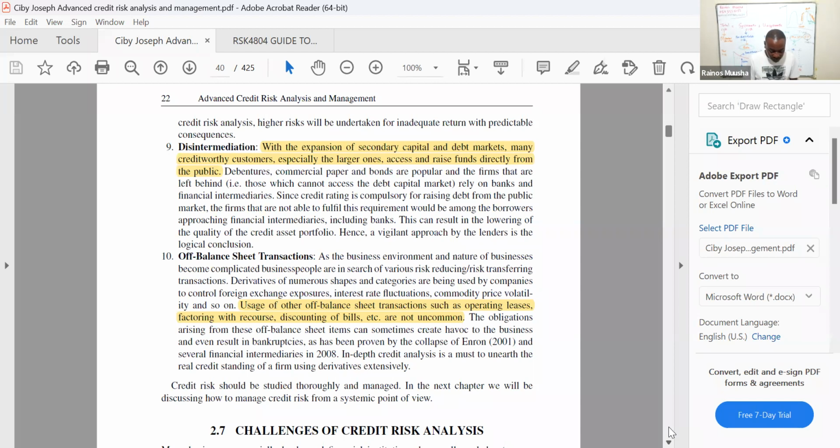Derivatives of numerous shapes and categories are being used by companies to control foreign exchange exposure, interest rate fluctuations, commodity price volatility, and so on. So usage of other off-balance sheet transactions, such as operating lease, factoring with recourse, and discounting of bills, is not uncommon.